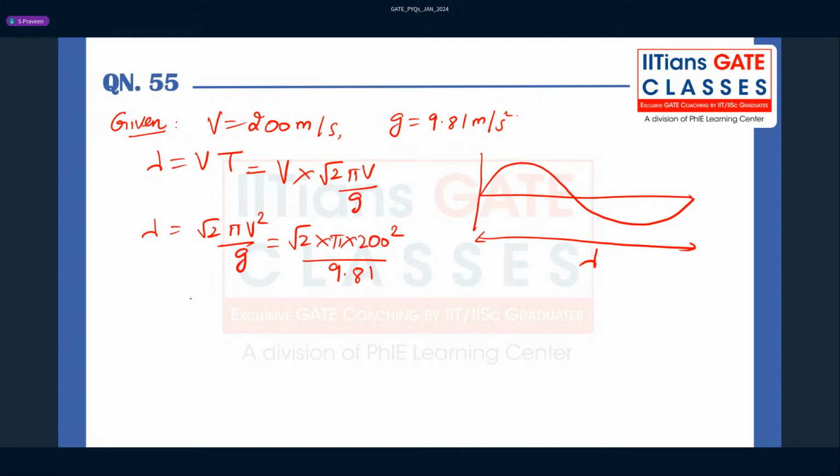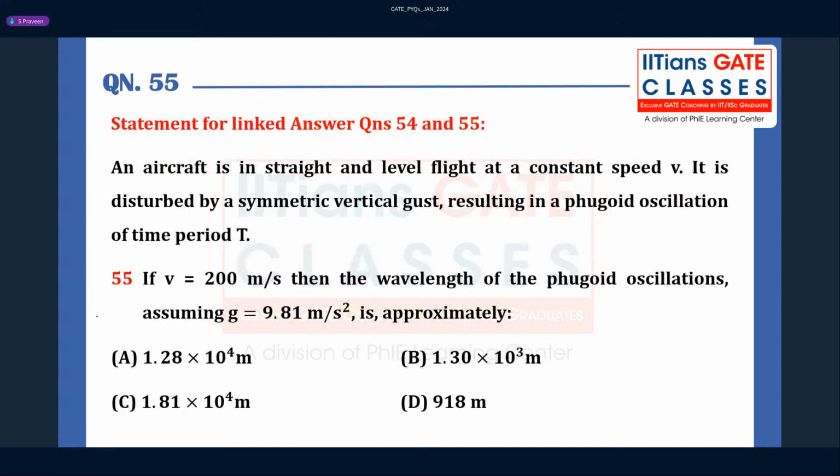If you solve this, you will get a value close to 1.81 × 10^4 meters. So this is the required wavelength, and the option that corresponds to this is option C. Hope you guys have copied this and you don't have any doubts in this.